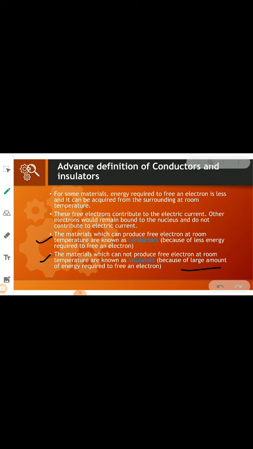When we call it a good conductor, that means the material should have free electrons, or the electron in the outermost orbit can be made free easily with less energy. You have to remember this. Let us move on to the next concept.